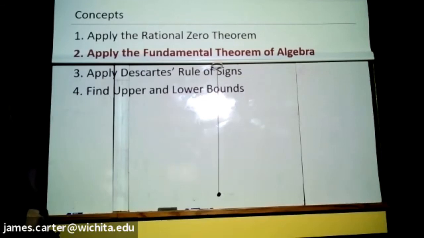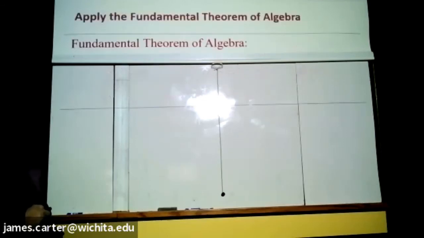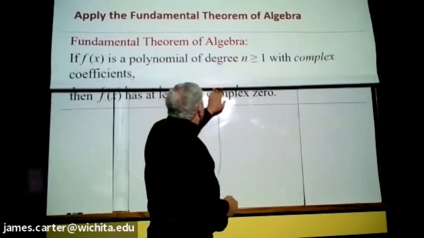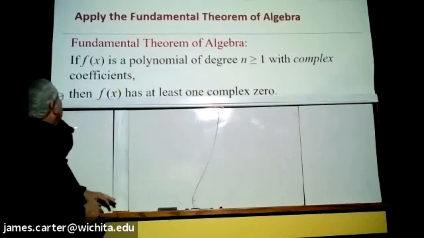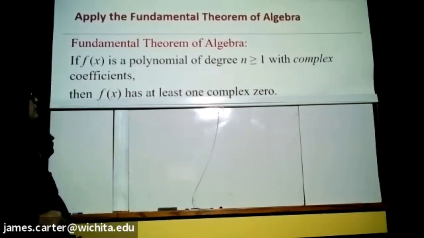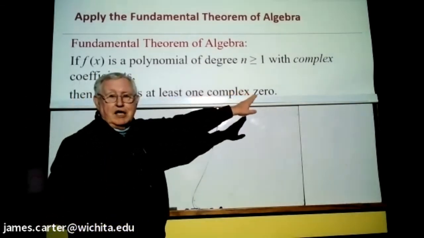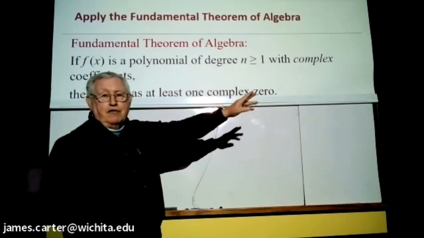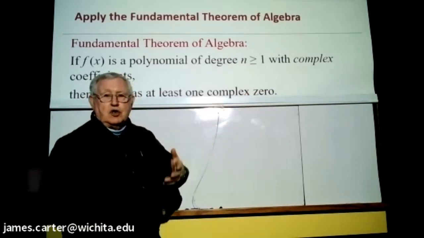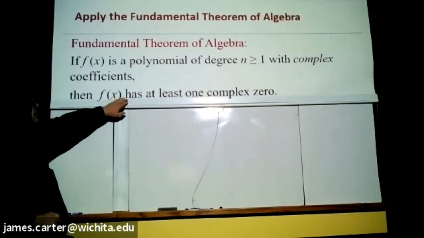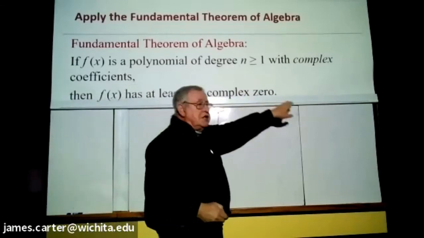Okay. Now, the fundamental theorem of algebra says if you've got a polynomial with complex coefficients, okay, that means if you've got imaginary values in front of your x's or x squares or whatever, or x cubes or whatever, then it says you have at least one complex zero.